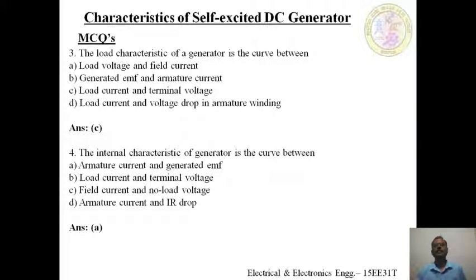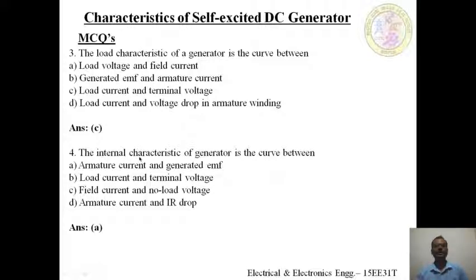Third one, the load characteristic of a generator is the curve between V versus I. We have studied already, right? Among the choices A, B, C, D, the load current is I and terminal voltage is V. So that is why C is the answer.